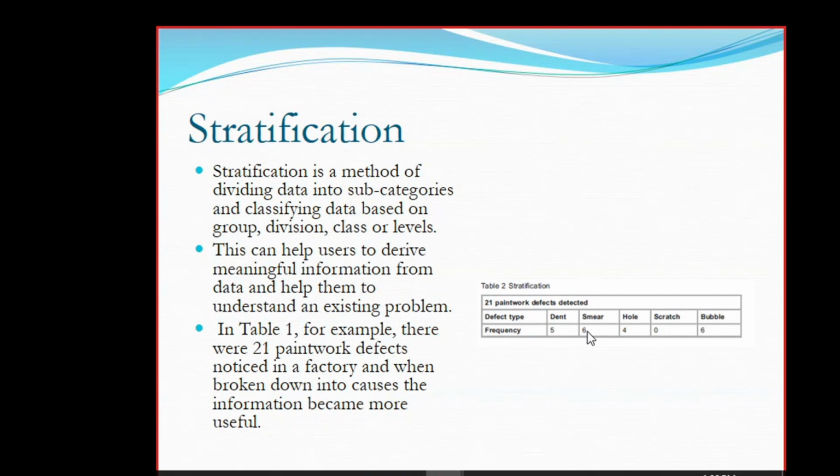The smear is happening 6 times. The hole is happening 4 times. Of course, the numbers are very simple here. They look very simple to us, but with a big production, like a car manufacturer, these numbers will only be easy to manage when they are simplified in a table like this.